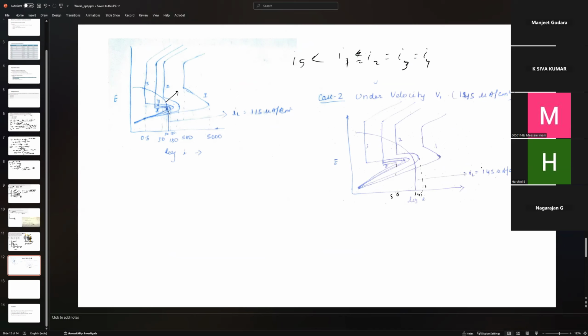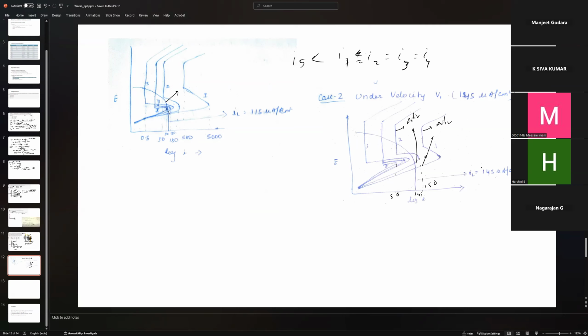Yeah, 150. So it's in the active region for the second, and for the first it's in the active region, and for this one it's also active.